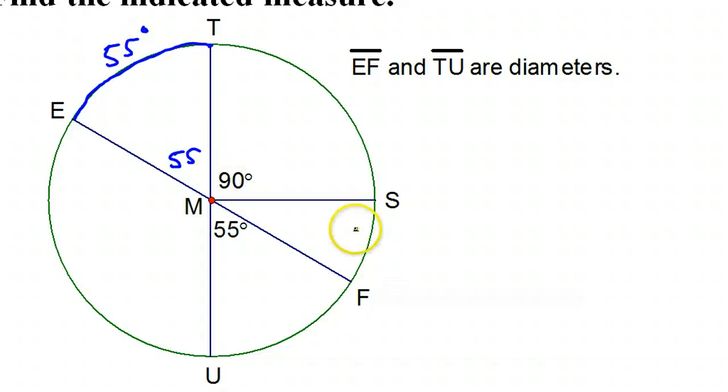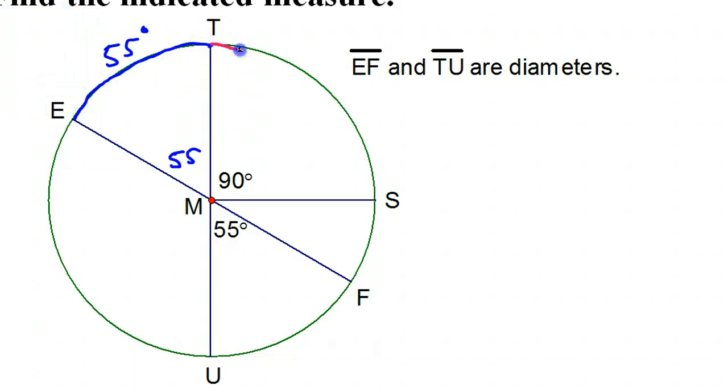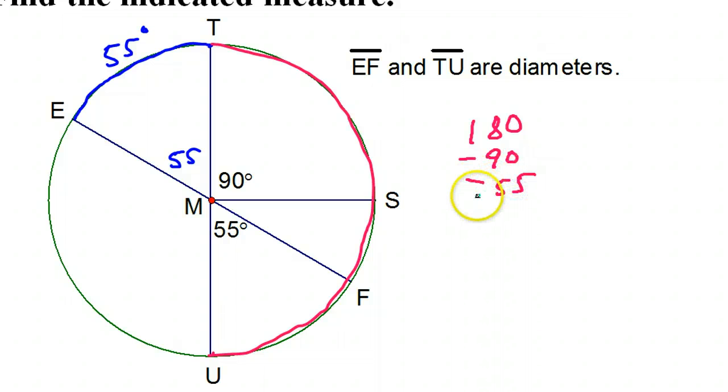All right, let's see. Arc SF. Well, hopefully you can see that this side of the circle over here is a semicircle. Okay, so that's a total of 180 degrees. So we can just do 180 minus 90 minus 55.